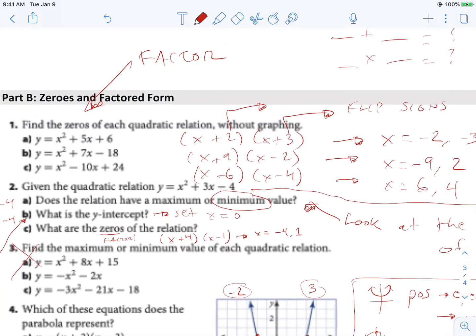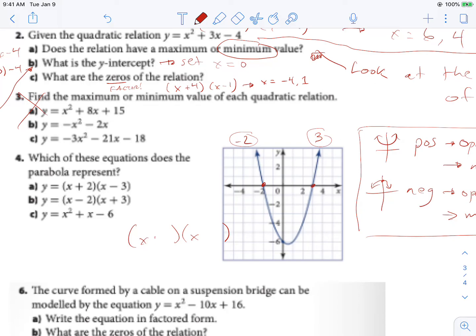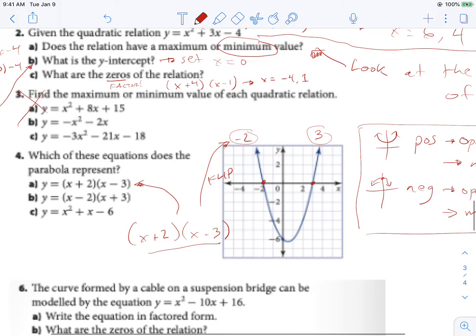We always have to flip the signs. So in order to get a negative 2, it had to start out as a positive 2. In order to get a positive 3, it had to start off as a negative 3. So are any of these matching up to this? Well, definitely that one. Okay? So don't forget, to go from factored form to zeros, we need to flip the signs.